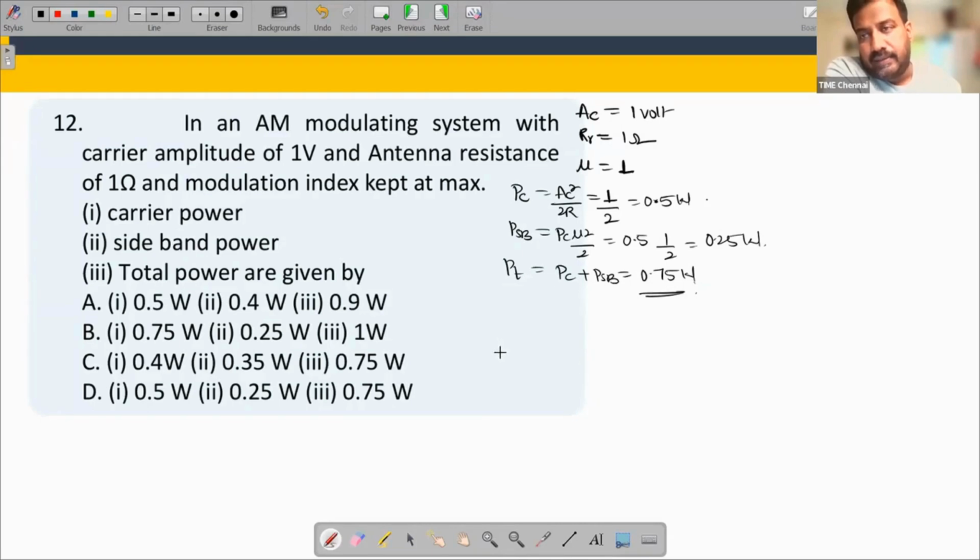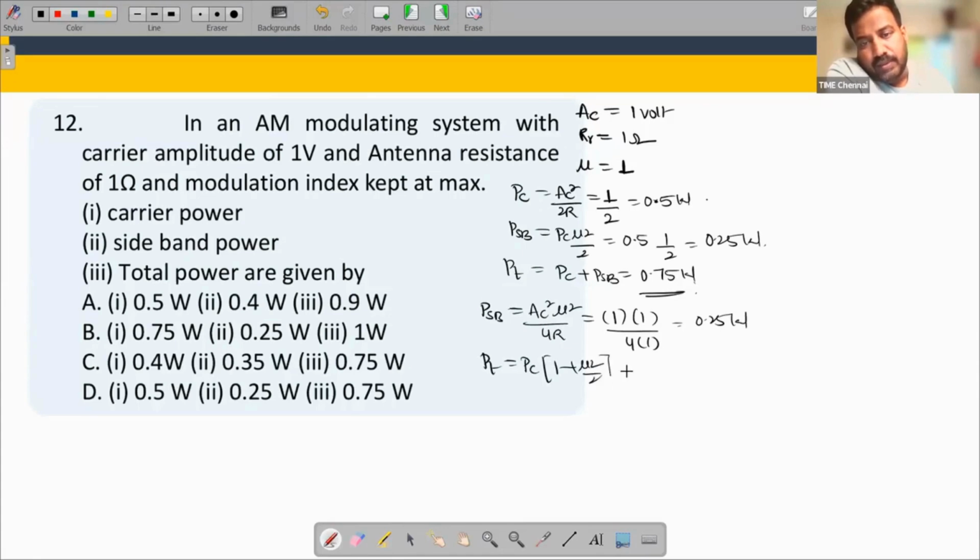Another way where you must get the same answer: sideband power is AC square mu square by 4R, should also give you the same answer. Total power is PC into 1 plus mu square by 2.